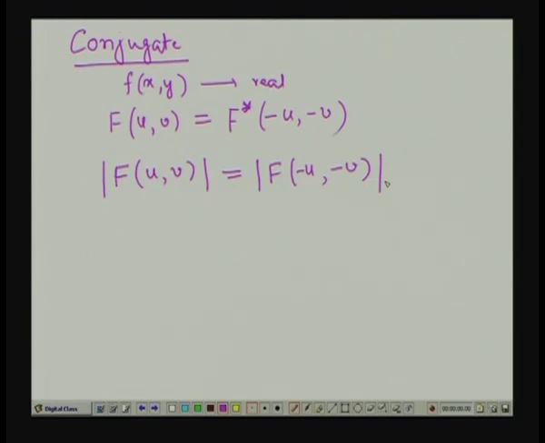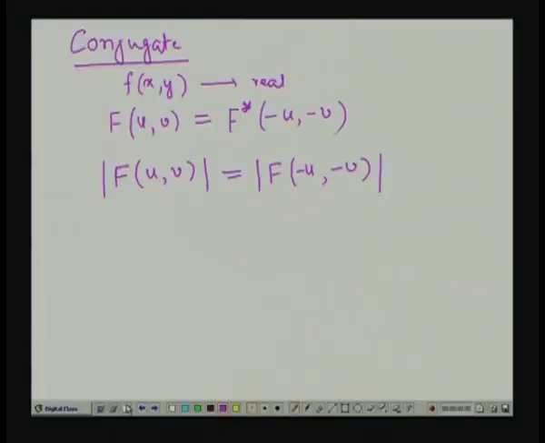Now, you find that using the periodicity property helps to visualize the Fourier spectrum of a given signal. So, let us see how the periodicity property helps us to properly visualize the Fourier spectrum. For this we will consider a one dimensional signal. Obviously, this can very easily be extended to a two dimensional signal.